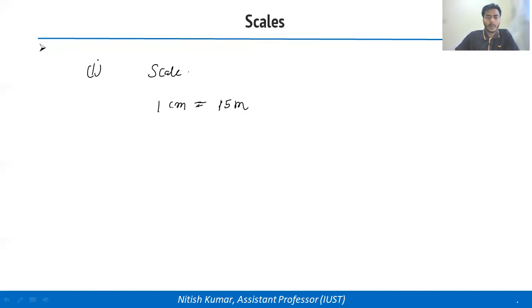It means one small unit on map distance is representing some unit on ground distance. So you can see here 1 centimeter is representing the map distance, and 50 meter is representing the ground distance.